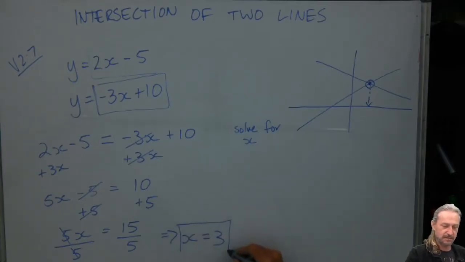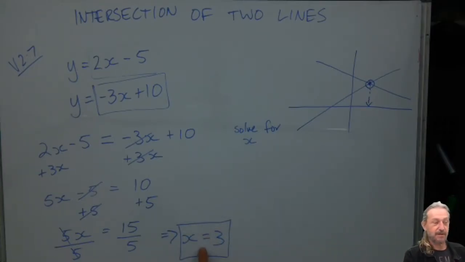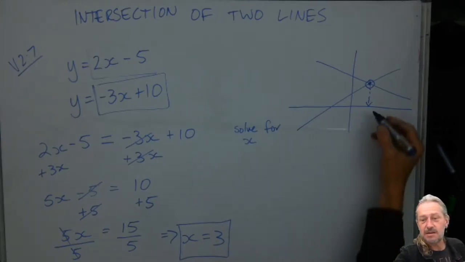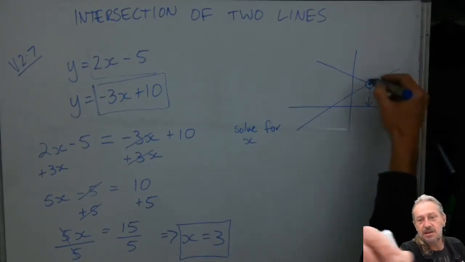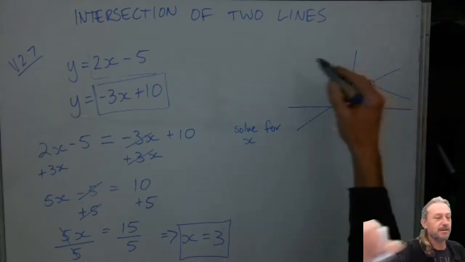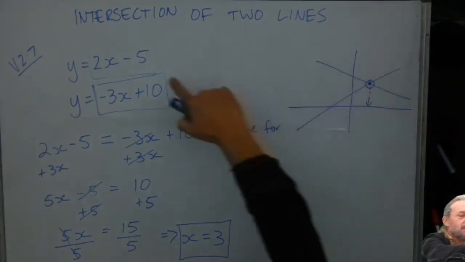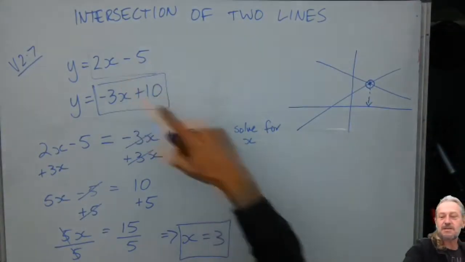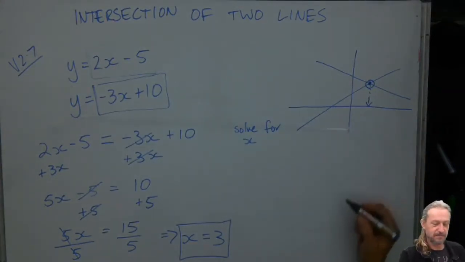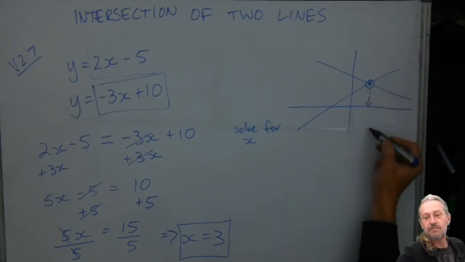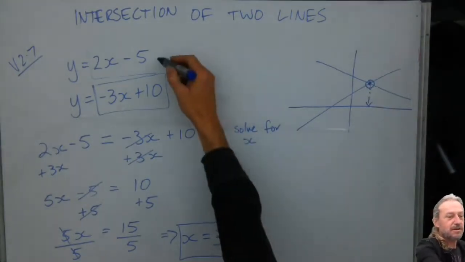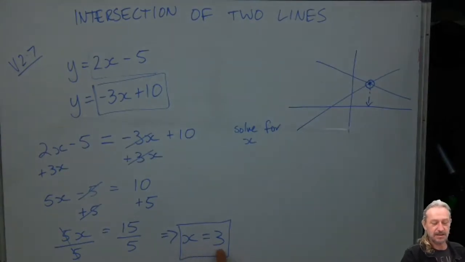So that's the first part of what we need to do. So that means, let's just hypothetically say those two lines, they don't represent these because one of them passes through negative 5, but that means the x coordinate of where these two lines cross each other is x equals 3.